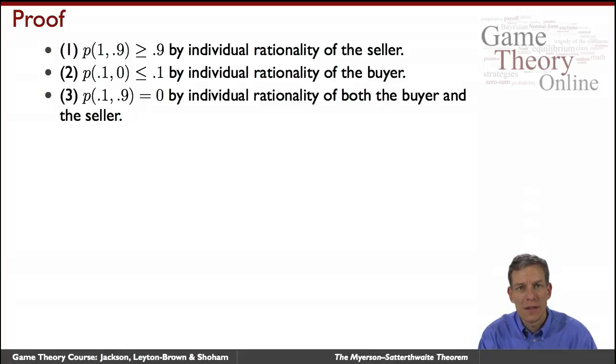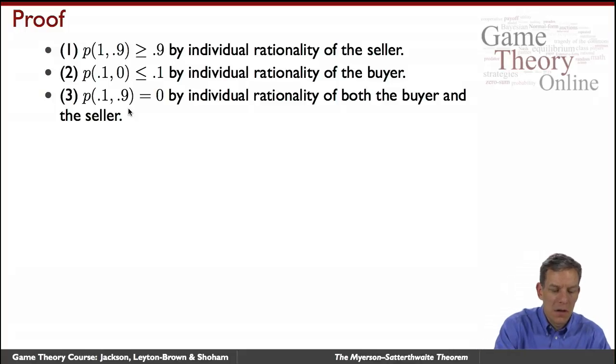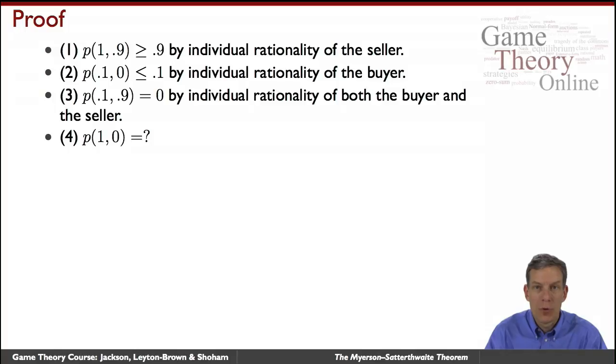The buyer's not getting anything, so it can't be more than 0, and the seller's not giving anything away, so they can't be charged anything either. So the price is going to have to be 0 in a case where we have no trade. And so now we've got 3 conditions on 3 of the prices. And what we want to do is fill in the 4th price.